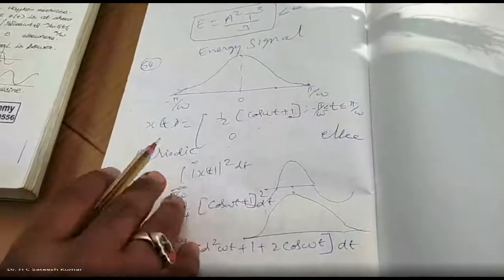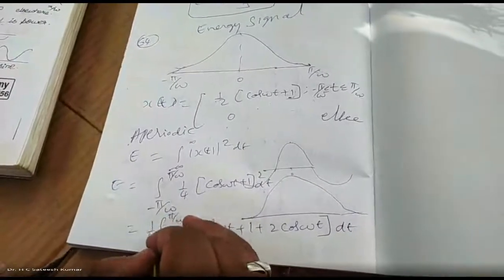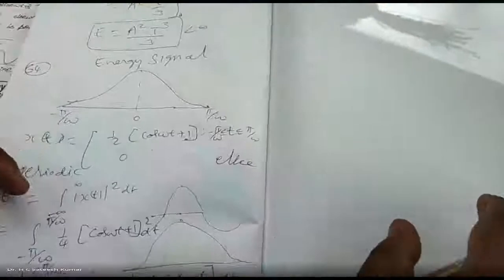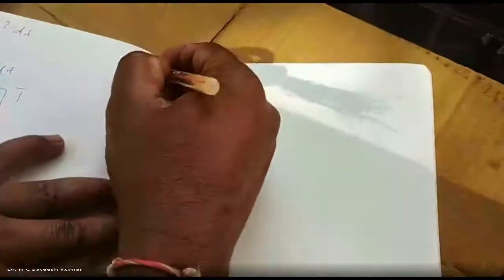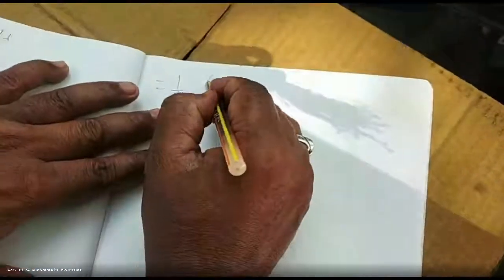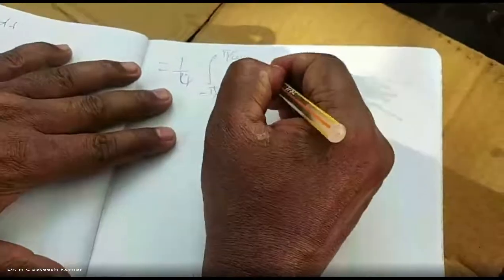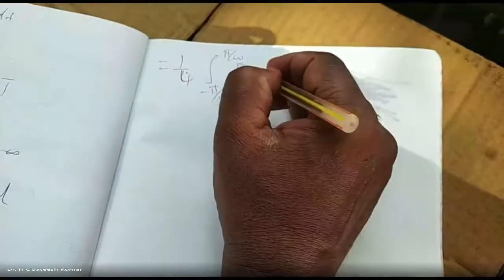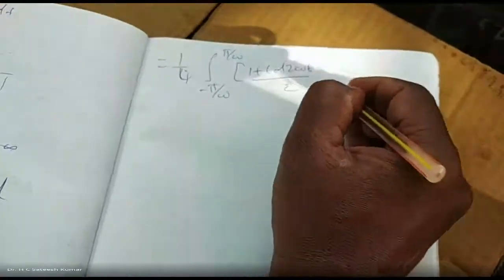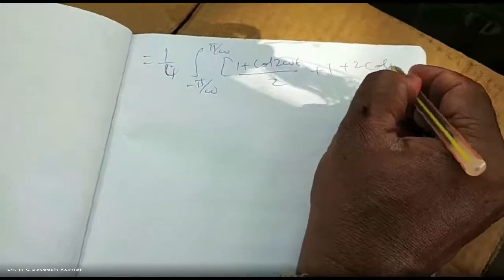Now, cos square theta is nothing but... 1 by 4 is there, no? Sorry, 1 by 4, I will keep it outside. Now this is equal to 1 by 4 into integration from minus pi by omega to plus pi by omega. Cos square theta is nothing but 1 plus cos of 2 omega t whole divided by 2, plus 1 plus 2 cos omega t.